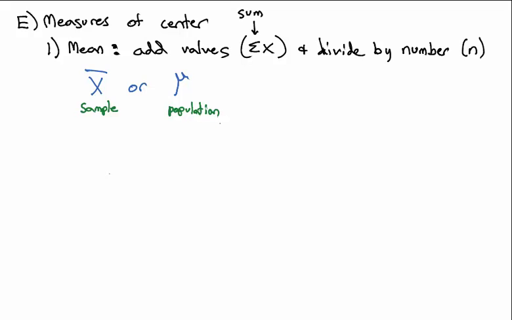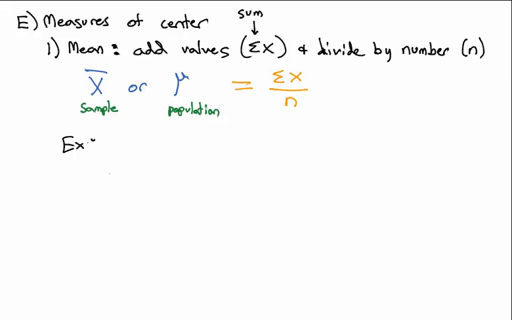So mu is the population parameter. X bar is the sample statistic. They both represent the means, but they're talking about different groups. So mu or x bar, the equation we're going to use, we're going to sum the x's and divide by the number of data values.